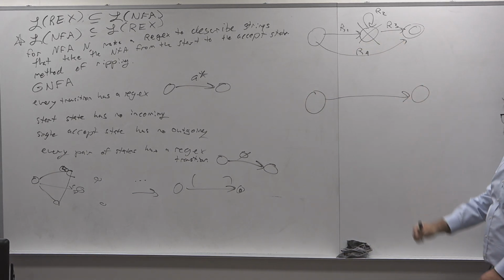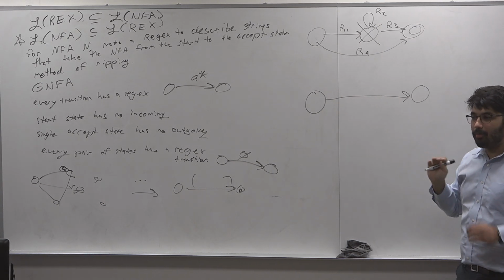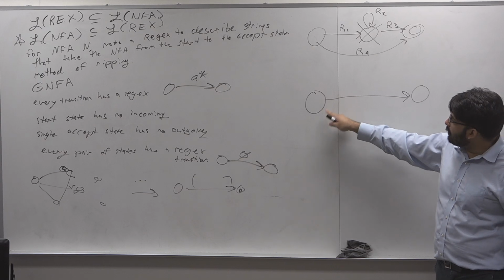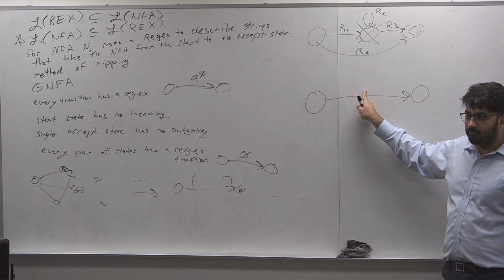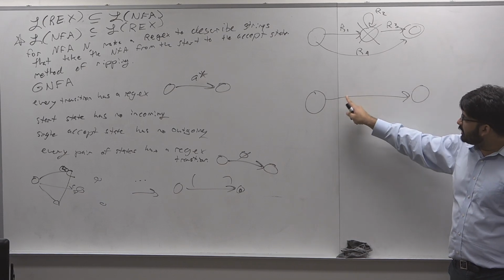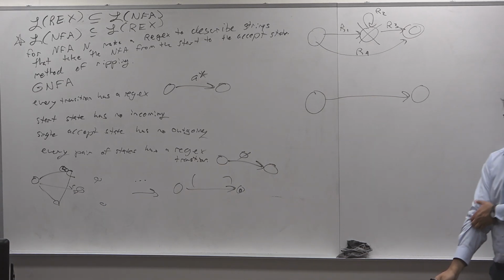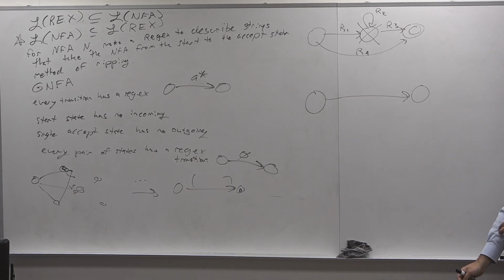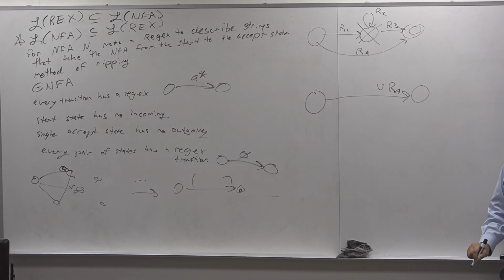Those are R1, R2, R3, and R4, regular expressions, and we want to delete it, but keep the possible paths in there. So we'll have one path from here to here. What regular expression should go here? Yes? R4. R4, that is one path definitely to go from this state to that state, but there's more than one, in fact. It's going to be something union R4. R1 concatenated with R3 union R4.